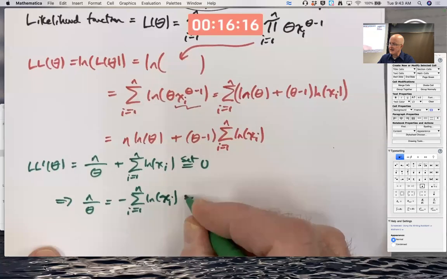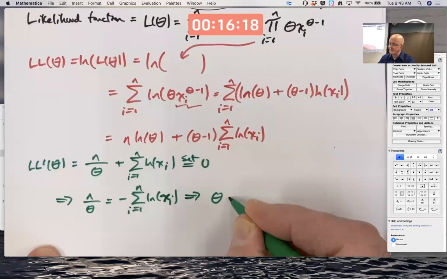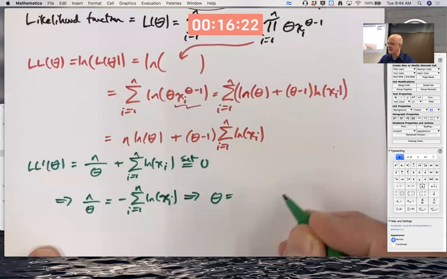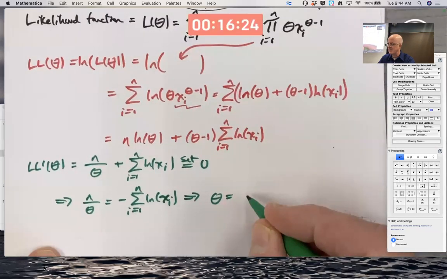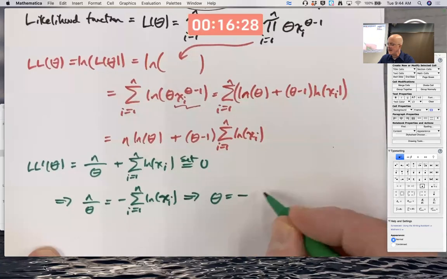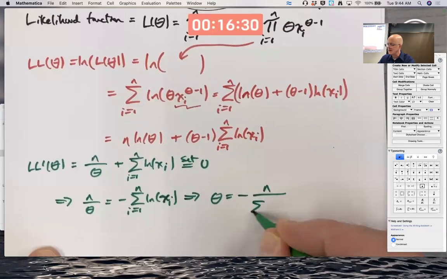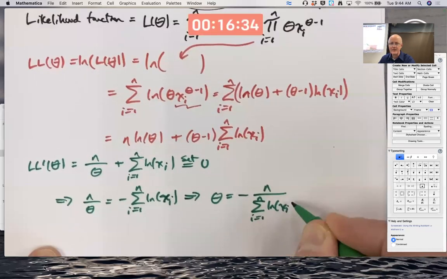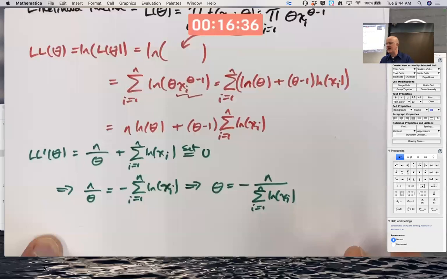Solve for theta. Divide both sides by the summation, multiply both sides by theta, and also multiply both sides by -1. You'll get theta is negative n over the summation, i goes from 1 to n, of natural log of x_i. That would be the most likely value of theta.